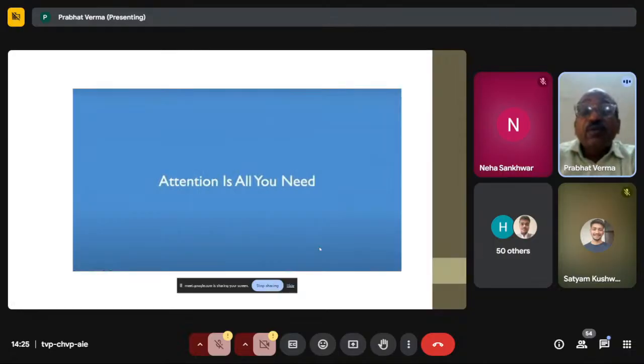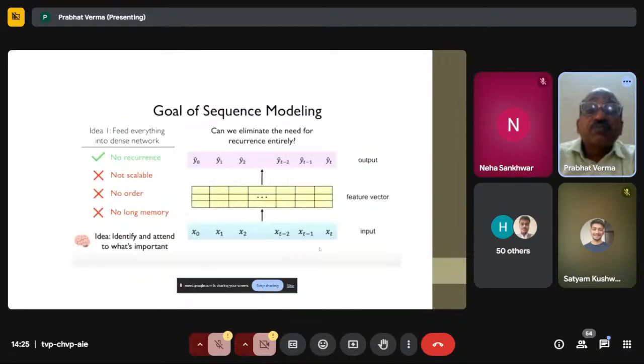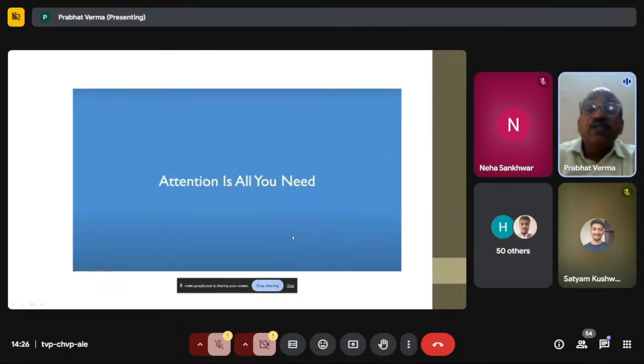So here comes the concept of attention. Attention solves our problem because we attend only to those cells which are more important, not all the cells, the ones which give you the context. That is the concept of attention.